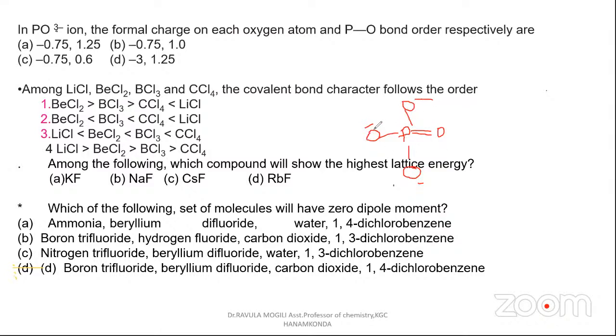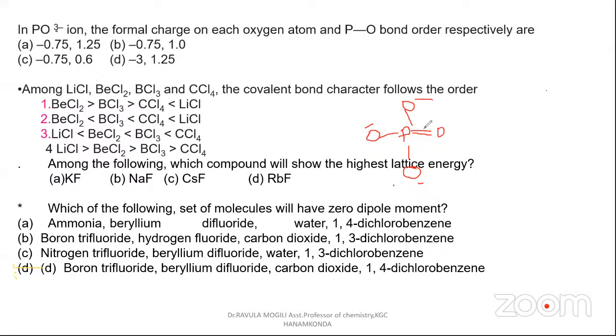This is phosphorus, so actually this is the PO4 3-minus ion. The formal charge on each oxygen atom and the PO bond order respectively are. This is a double bond. This is a single bond. Which is longer and which is shorter? Are the bond lengths and bond orders almost all equal or different?